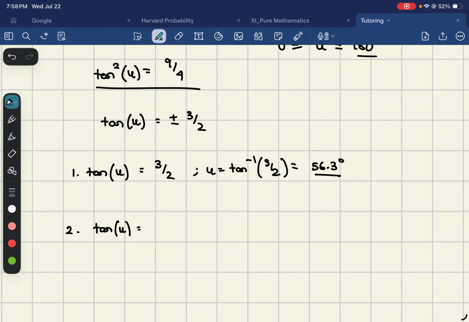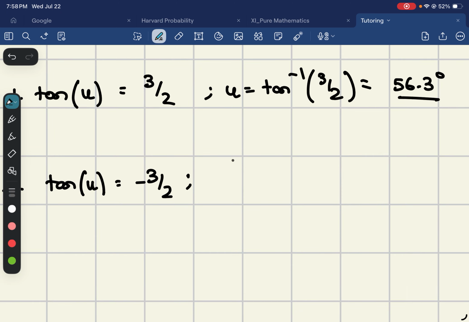The other possibility is that tan u is equal to negative 3 over 2. And now for this one, I know the acute angle, basically, that gives me 3 over 2, which is 56.3. So if I know the acute angle, then I just need to think, when is tan negative?